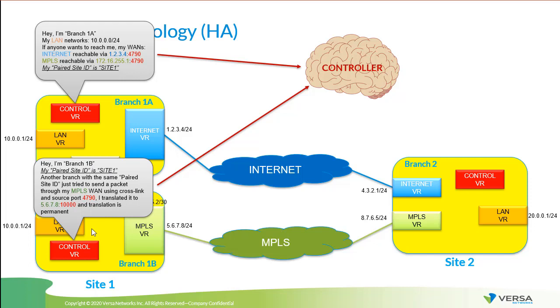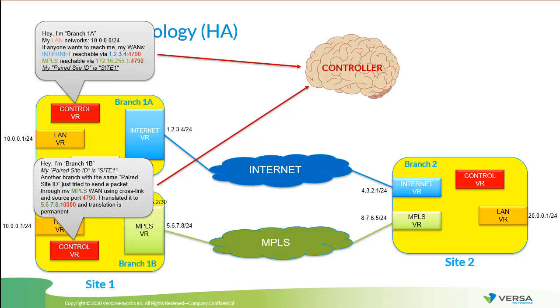Somebody else, another branch that is connected to my cross-link connection, just tried to send a packet out using source port 4790. I did a NAT translation and translated it to 5678 port 10,000. And this translation is going to be permanent. Doesn't matter where this packet is going to be forwarded, to which destination, the source port to which I'm going to be translating it will always be 10,000.